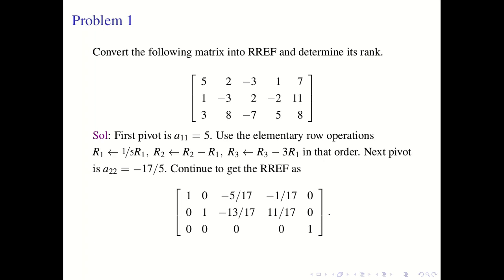Now multiply by minus 5 by 17, and then continue with the RREF process. The final matrix that you get, the row reduced echelon form, is 1, 0, minus 5 by 17, minus 1 by 17; 0, 0, 1, minus 13 by 17, 11 by 17; 0, 0, 0, 0, 1.